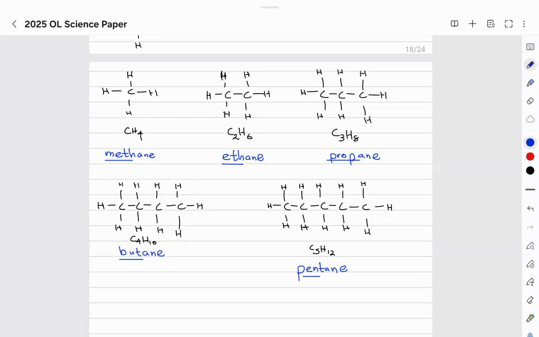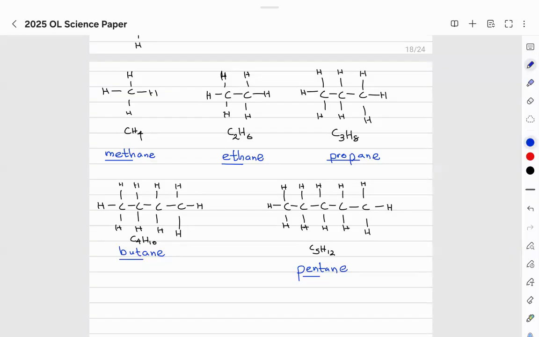The last topic, hydrocarbons. We have to discuss polymers also, PVC, Teflon, and everything. And rubber, a small introduction for rubber. Rubber is also a polymer. So I'll discuss those things under our theory revision.